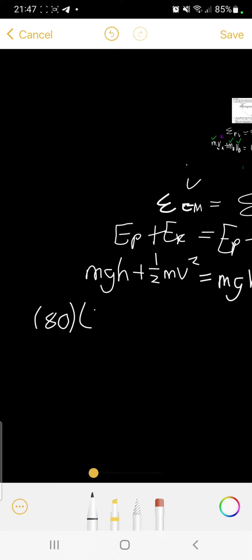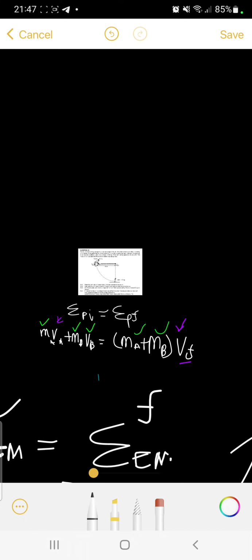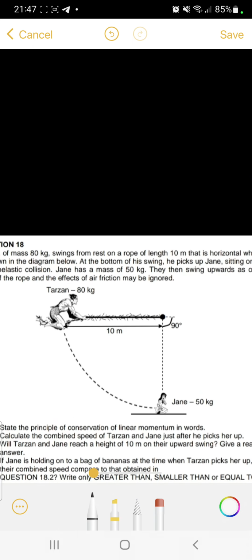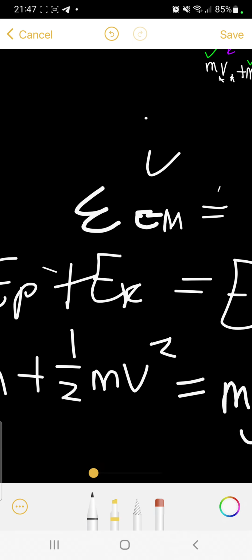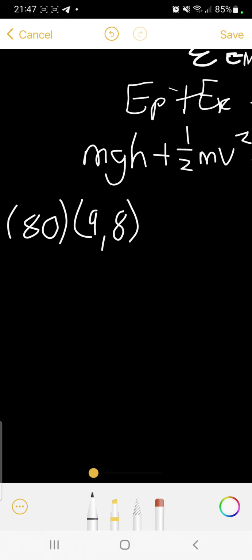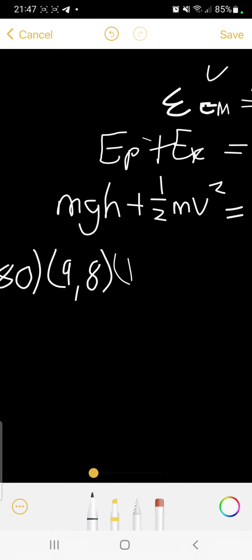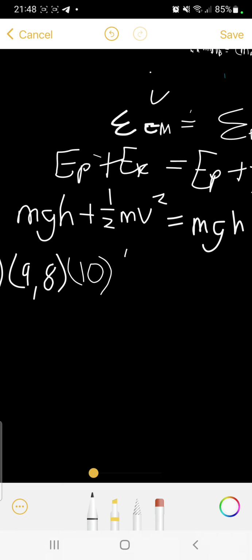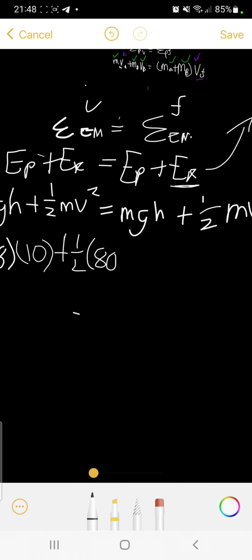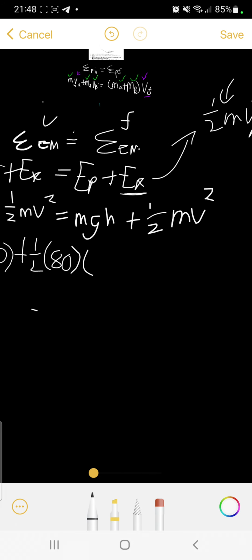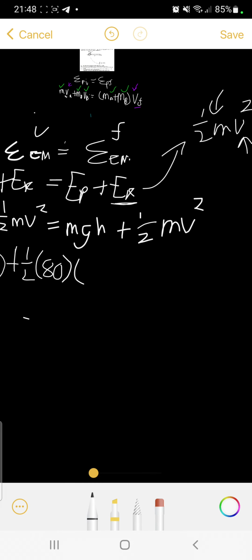Our G is gravity, which is 9.8. Initially Tarzan is at a height of 10 meters, so our height there is 10, in brackets. Then plus 1 over 2, his mass is still 80, and his velocity at this moment is 0.